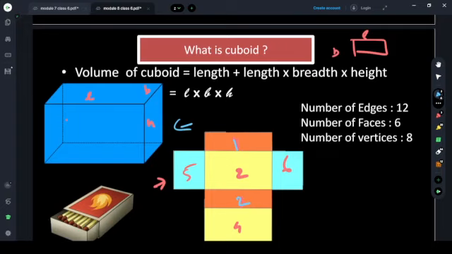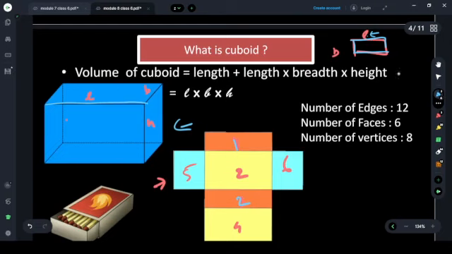We will see what are edges. In this figure we have known them as sides. Okay, the larger one will be known as length and the smaller one as breadth, or horizontal will be known as length and vertical will be known as breadth. Here you can see these are edges.